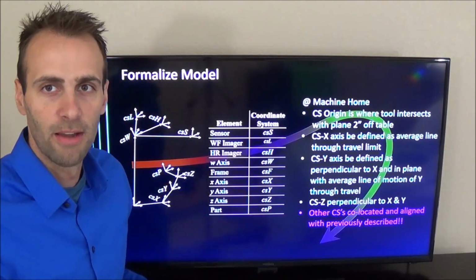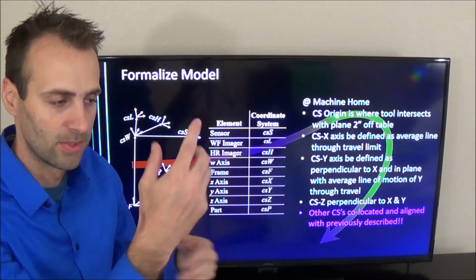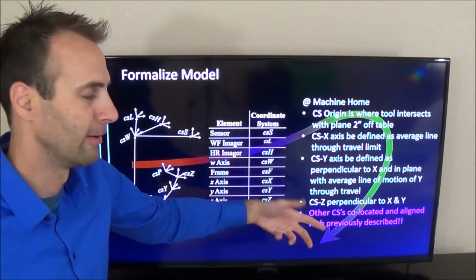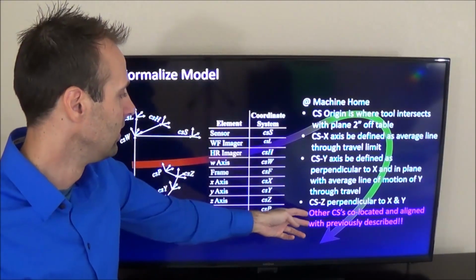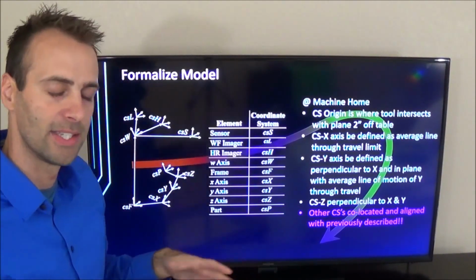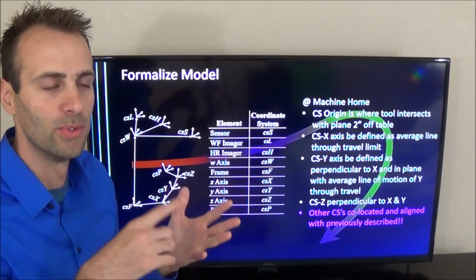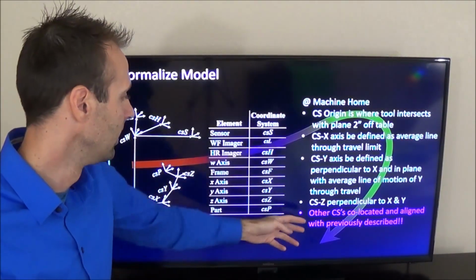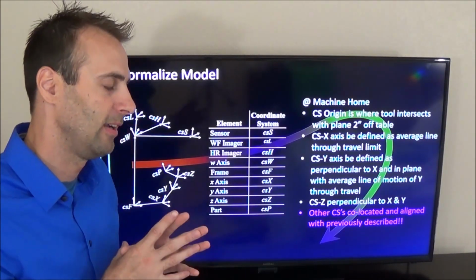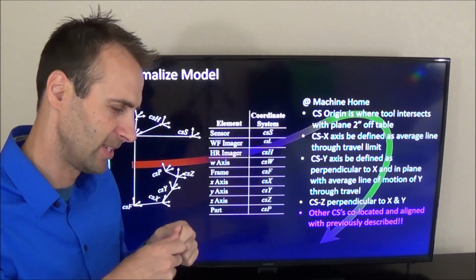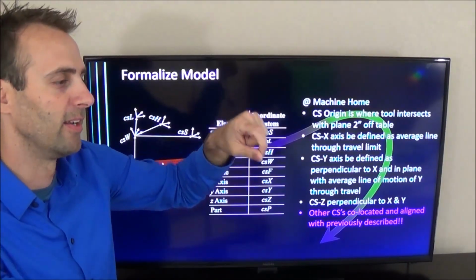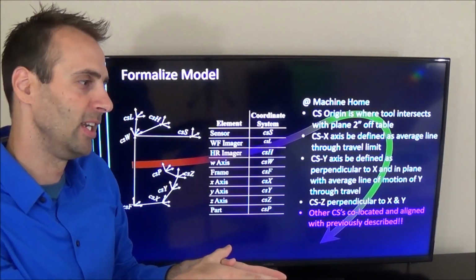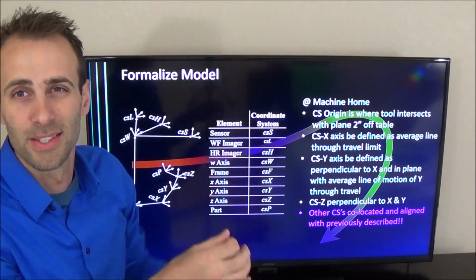This doesn't make sense obviously for the part or the tool, because those change throughout your program possibly, or as you're going from one program to the next. So I say all, but I really mean all but the tool and the part. And by doing this, it saves you a whole lot of headache of physically measuring how far away my X is from my Y, and whether my knee is below the quill.